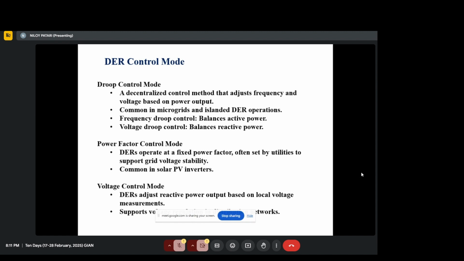Then we have power factor control mode. What I mean by power factor control mode is related to the capacitors that I was talking about. There are two main functions of a capacitor in distribution systems. One is to correct power factor, and the other one is to improve voltage.